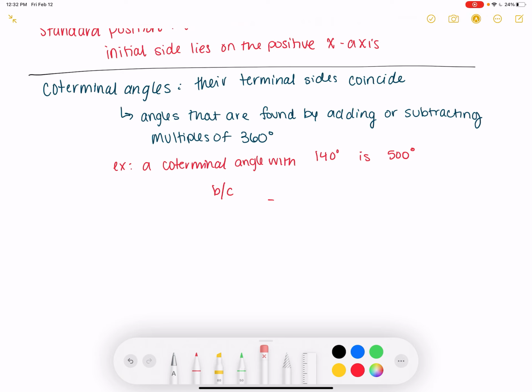That was obviously not right math, and you probably realized that. 500 minus 140 is 360, so those are coterminal angles. So a lot of times these will ask for one positive and one negative angle that is coterminal with the said angle.